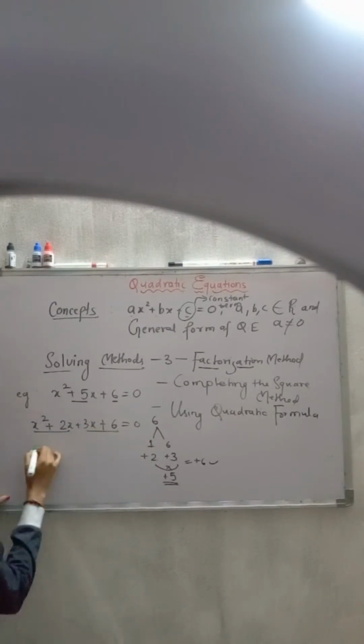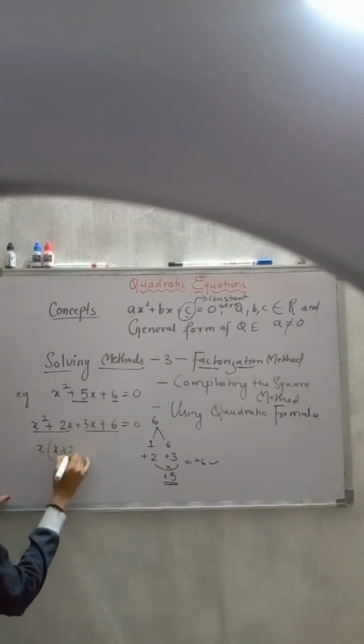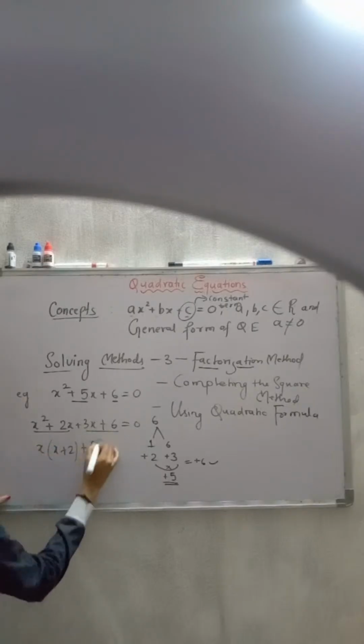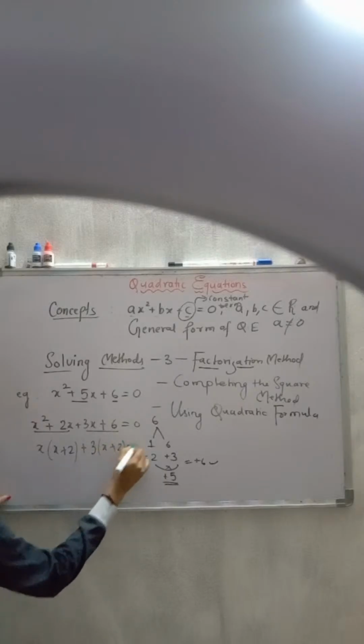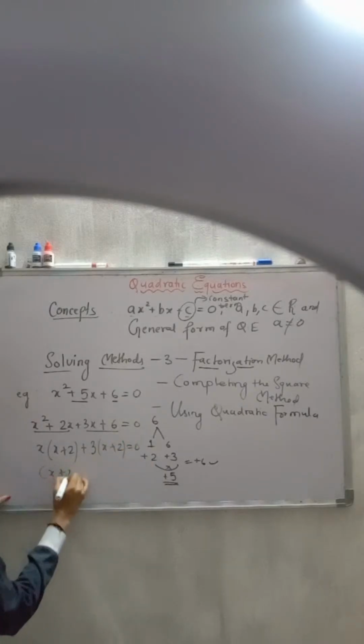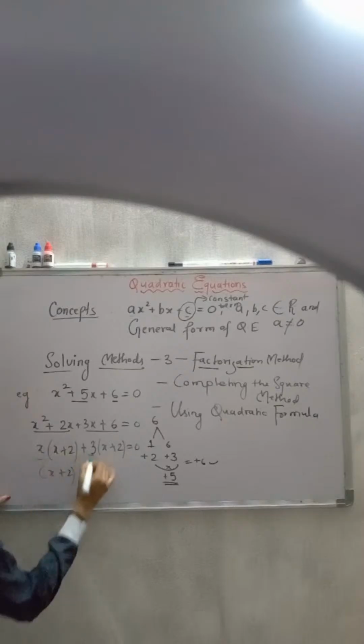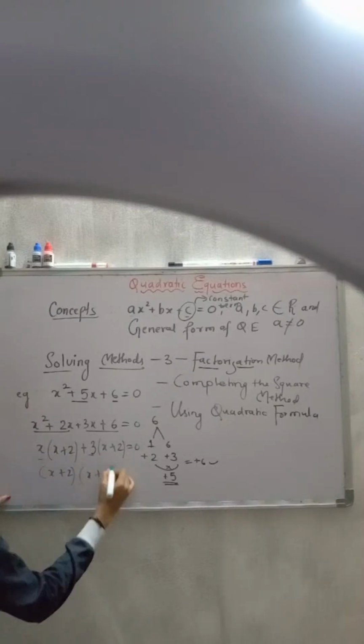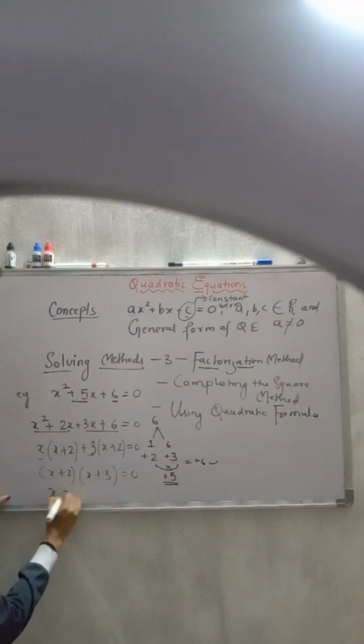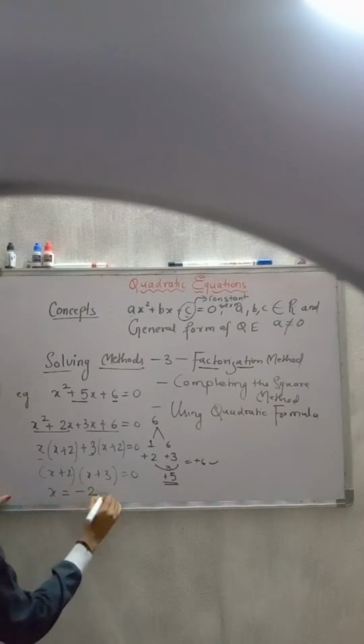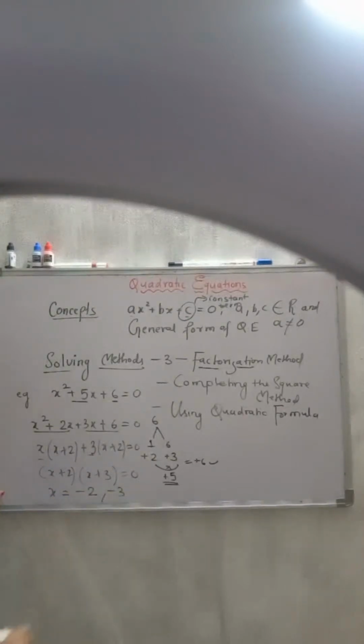Now here x common, x plus 2. Here 3 is common, x plus 2 equal to 0. So x plus 2 in another bracket, x plus 3 equal to 0. So the value of x is minus 2 and minus 3.